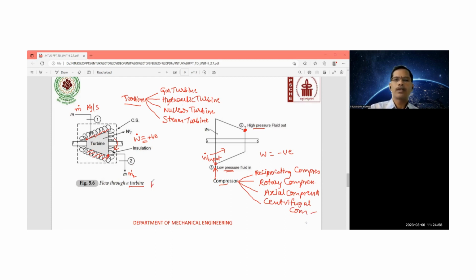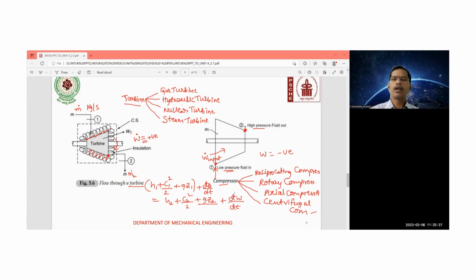Whatever the compressor or turbine may be, what is the steady flow energy equation when you are applying it? That is h1 plus C1 squared by 2 plus gz1, plus dQ/dt, is equal to h2 plus C2 squared by 2 plus gz2, plus dW/dt.